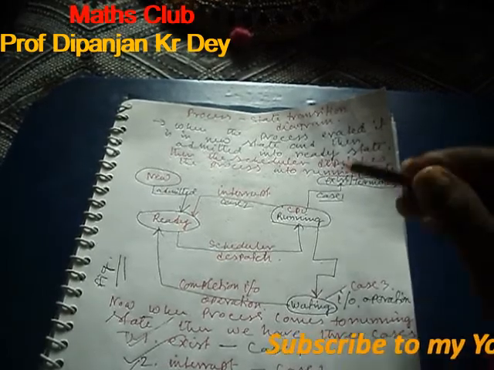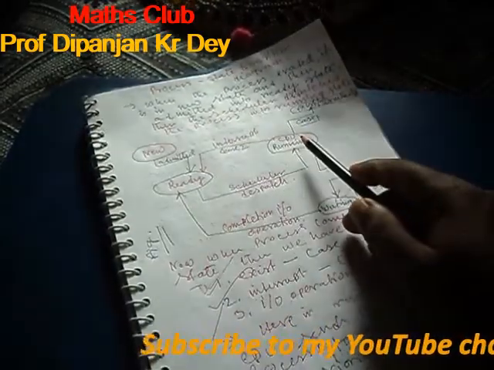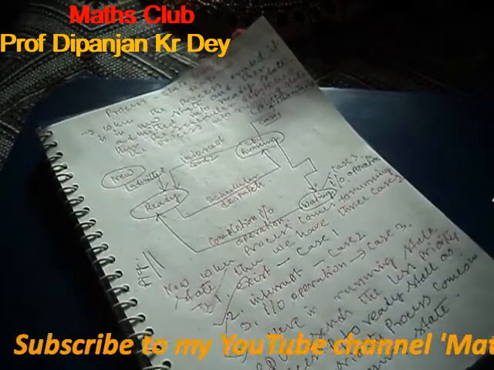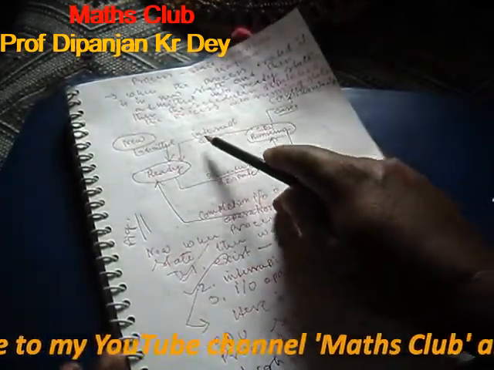This is case 1. Now case 2, when the process is in running state and a high priority process comes in, the current process, say P1, goes into ready state.